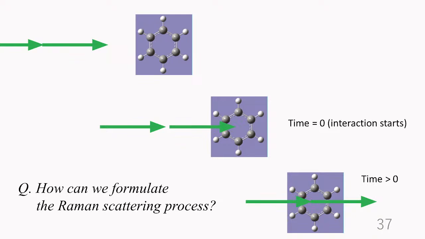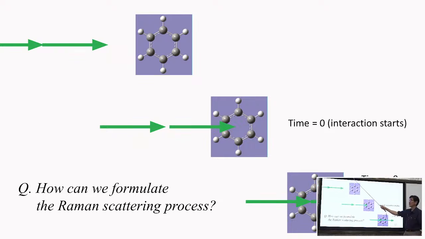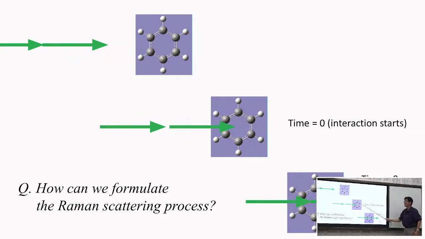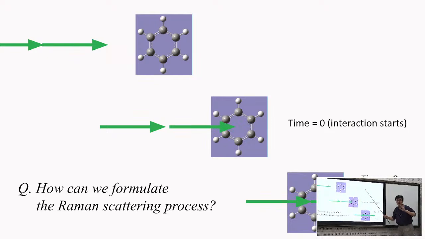After the interaction starts and some time passes, an optical event occurs. During this process, Raman scattering occurs. So we want to know how to formulate this process.